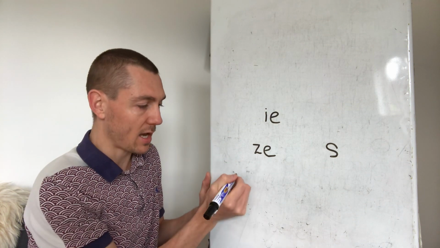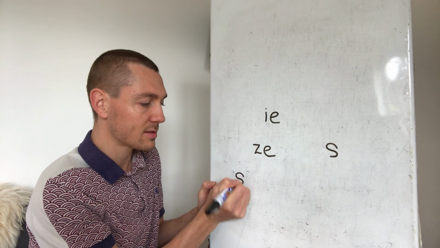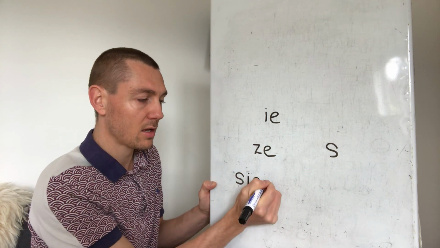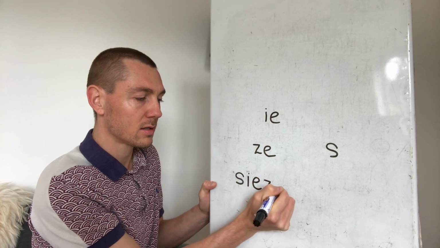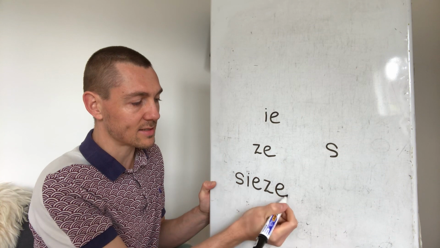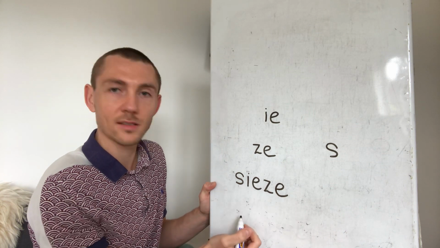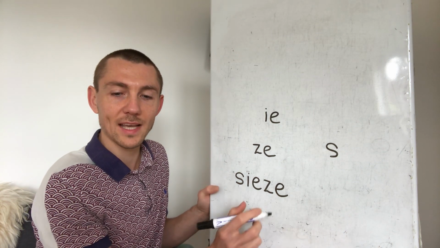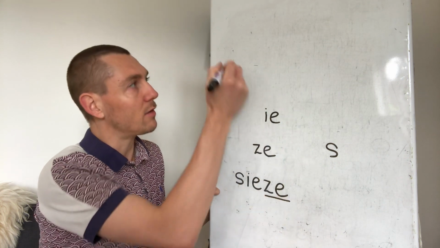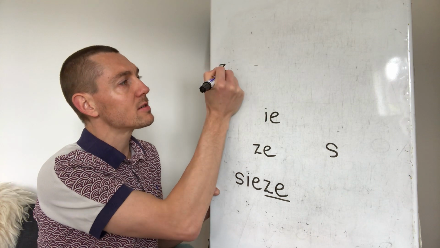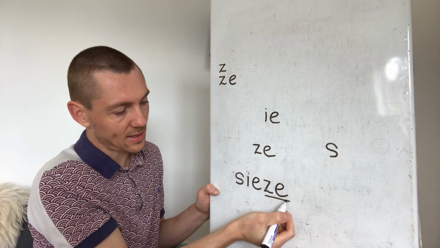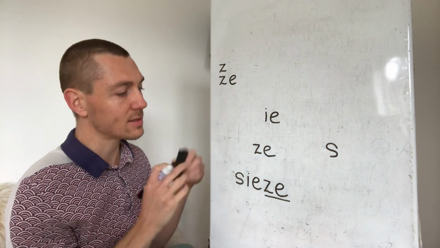Okay, and we say S, E, Z, seize. And of course in seize we have the Z-E spelling of the Z sound. So we'll add that to our list up here. 2 letters, Z and E, but just one Z sound.